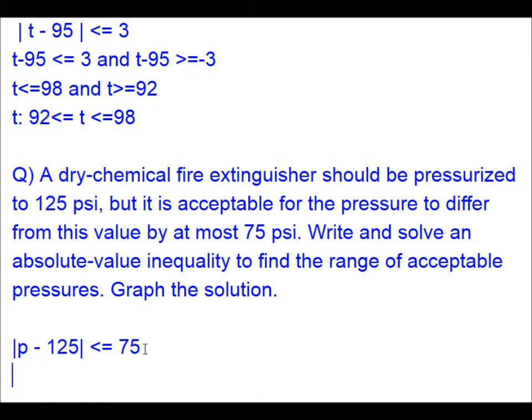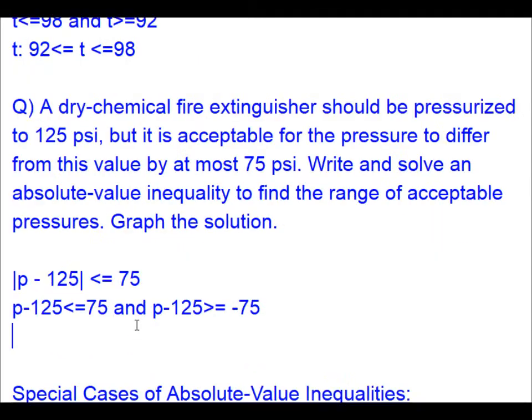This is how we write the inequality for the given situation. Again, as we solved above, we can write P minus 125 is less than or equal to 75, and P minus 125 is greater than or equal to minus 75.